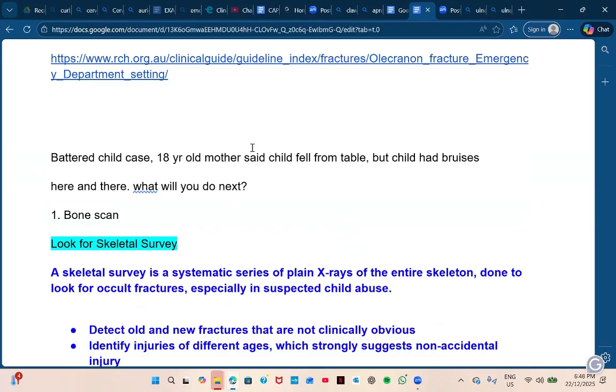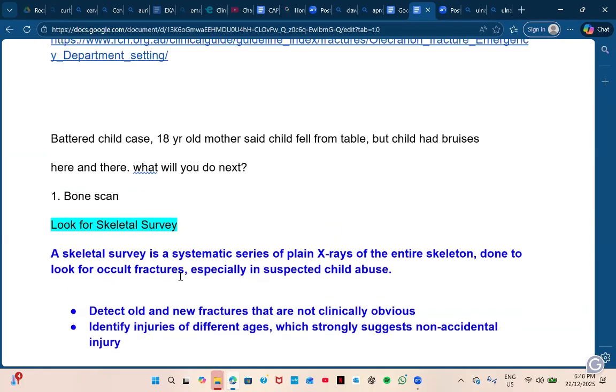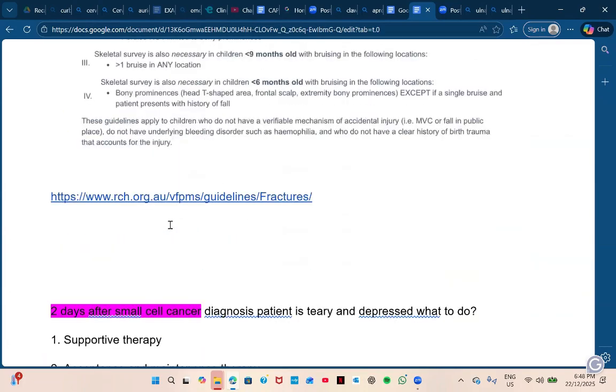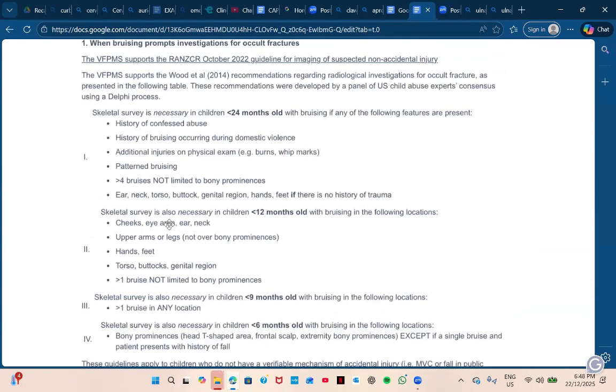In that case, we can suspect child abuse and we can do the skeletal survey. I got this question and it had the skeletal survey as an option. Okay. So please remember this algorithm.